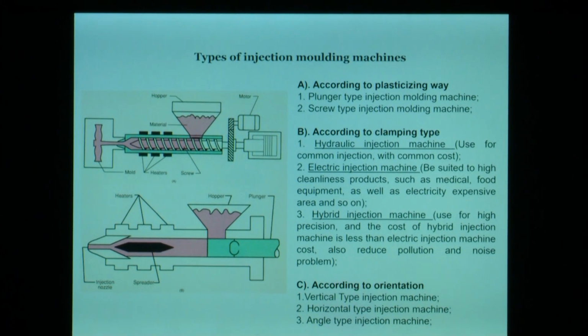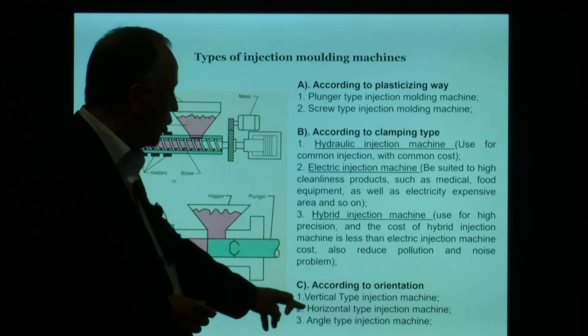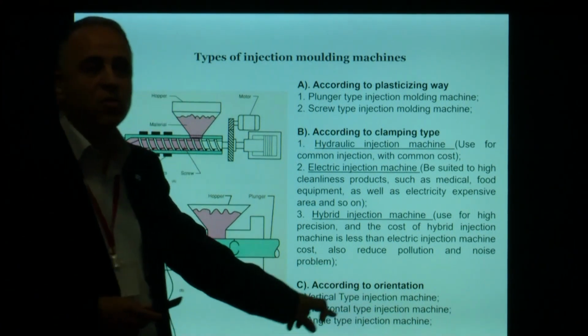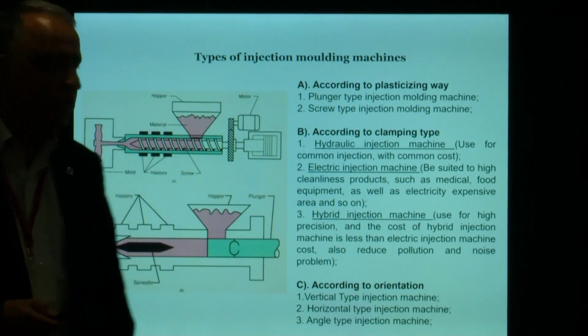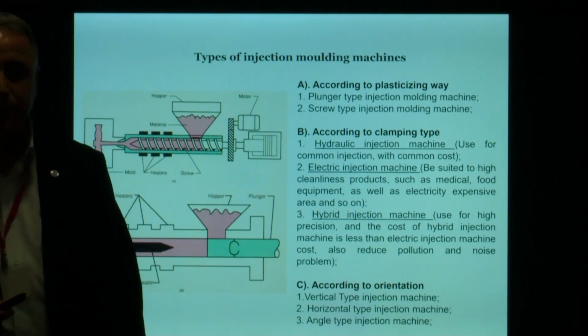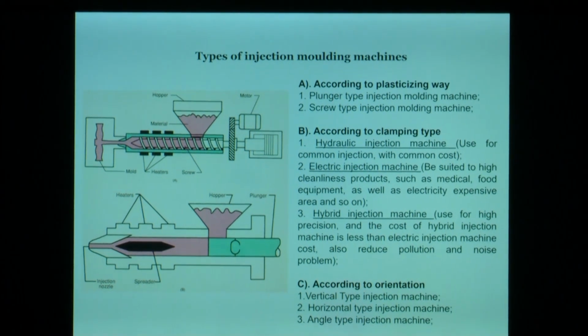According to the orientation, we have vertical type, horizontal type, and angle type injection molding machines. Actually, we are working on a horizontal type injection machine, and as I mentioned before, nowadays there are new model injection machines, let's say big component injection machines.